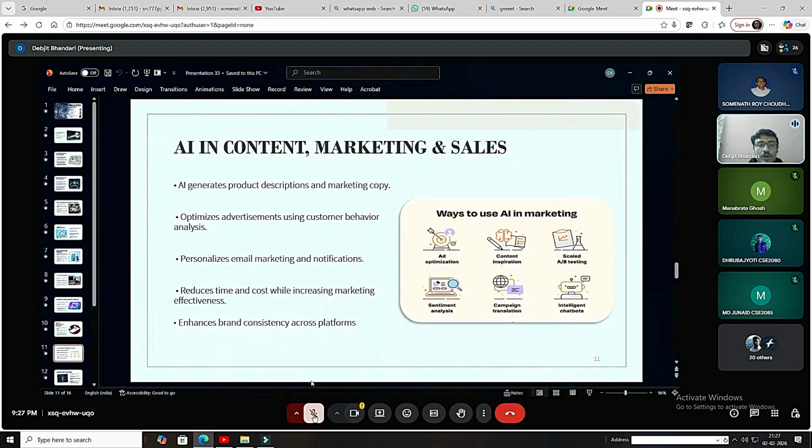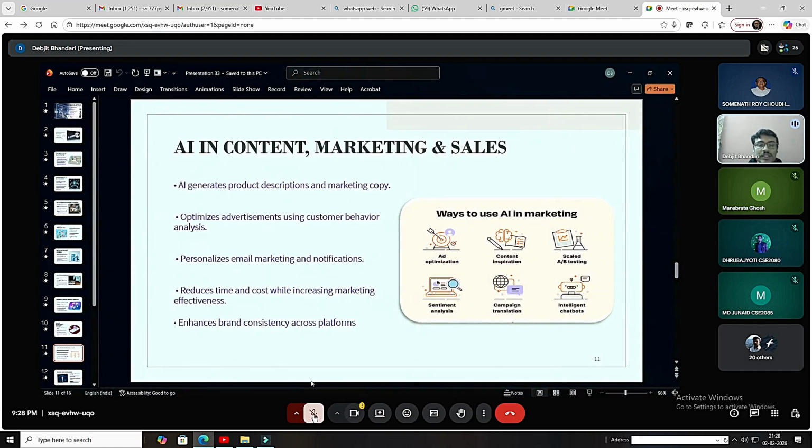And now, AI in content marketing and sales. AI plays a major role in modern content creation, marketing, and sales strategies. It can automatically generate product descriptions, advertising content, and marketing copy, saving time and effort for businesses. This allows companies to focus more on strategy rather than repetitive tasks.